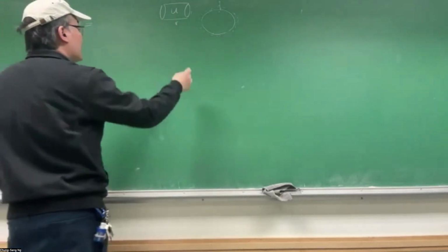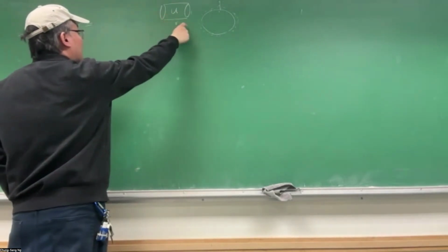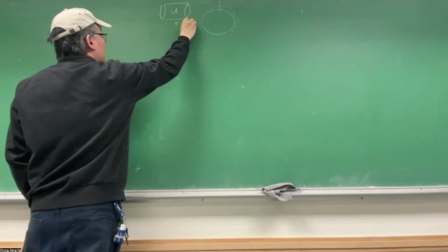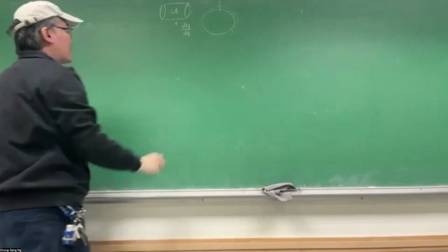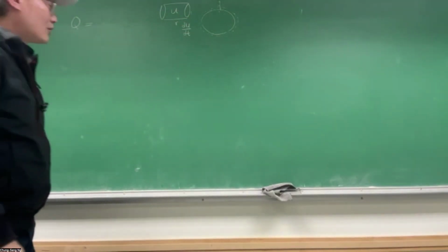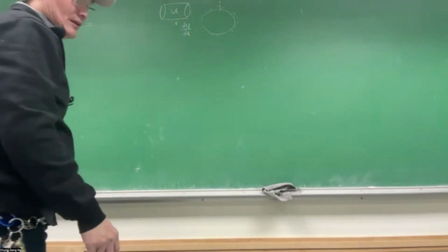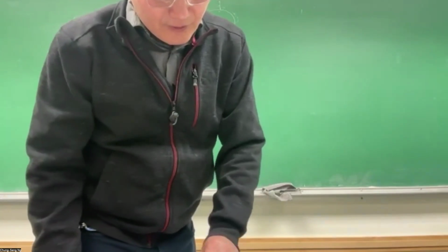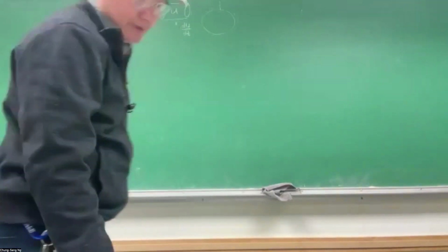So if you start with energy U, then it will change in time. So you have dU/dt, the energy loss. Usually, of course, this energy loss is negative, so you need to define it with a negative sign.